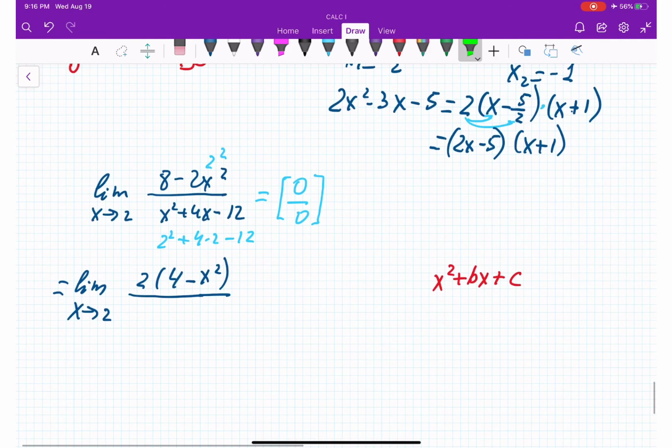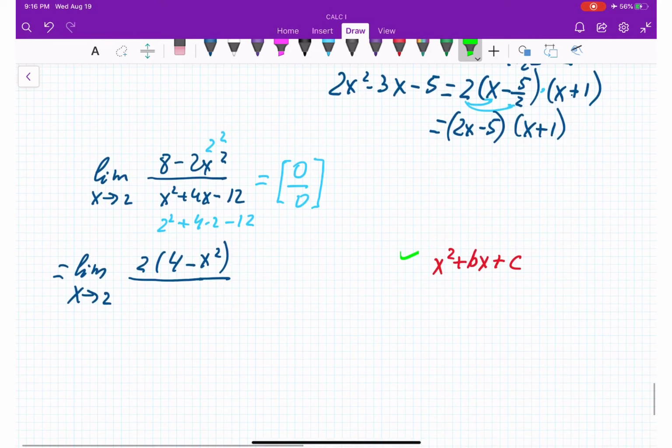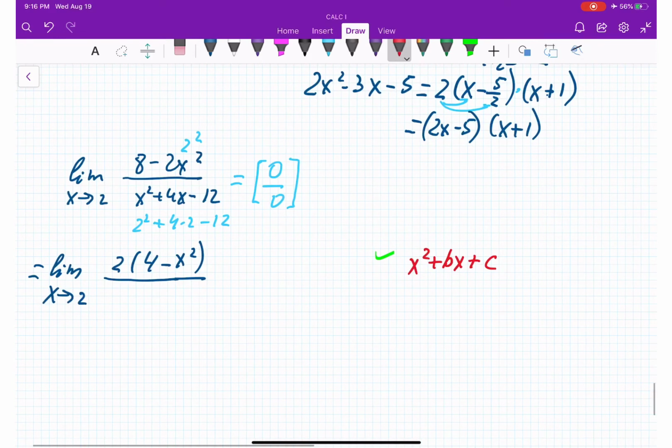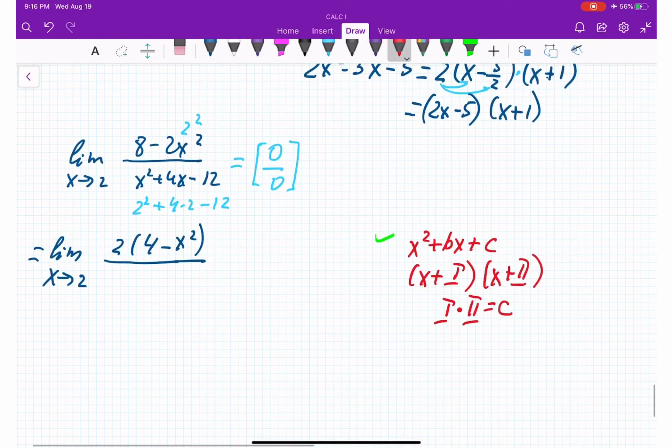But in the meanwhile, real quick, to refresh your memory, x squared plus bx plus c, we are going to break down as x plus number 1 and x plus number 2, where number 1 times number 2 gives c, and number 1 plus number 2 gives b.